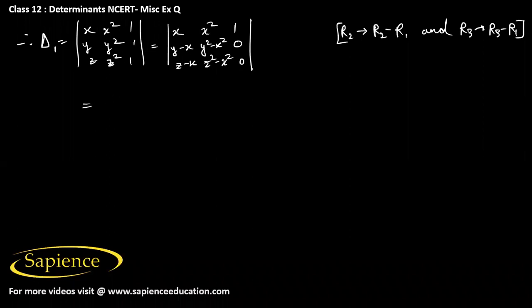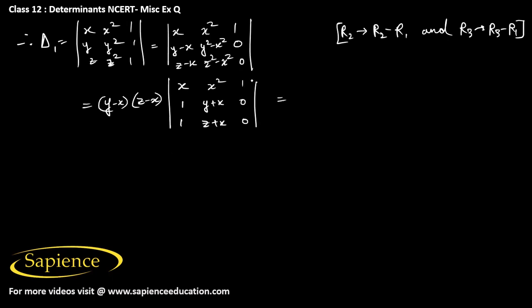Then from the second row we can take y − x as common, and from the third row we can take z − x as common, and into that we can write x², 1; y + x, 0; z + x, 0. Then we can expand this determinant along the third column since it has two zeros.